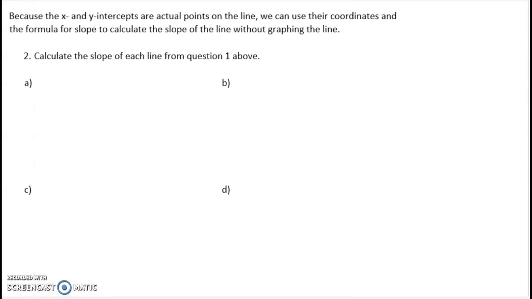All right. Because the x and y intercepts are actual points on the line, we can use their coordinates and the formula for slope to calculate the slope of a line without graphing the line. So it says calculate the slope of each line from question 1 above. Just a reminder, that formula for slope was y2 minus y1 divided by x2 minus x1.